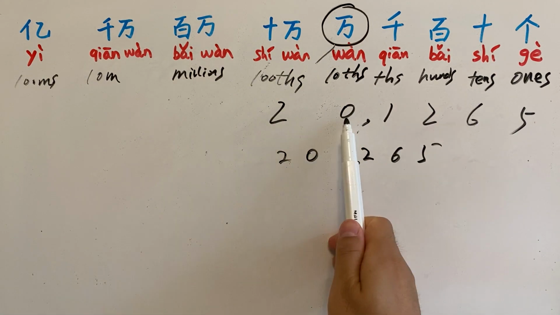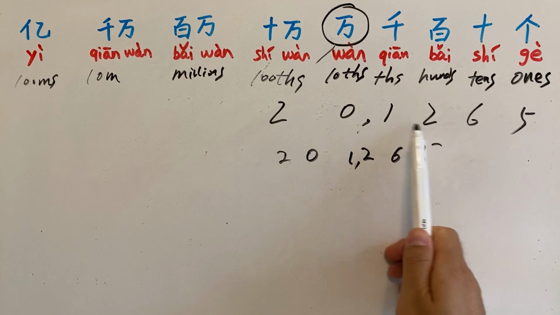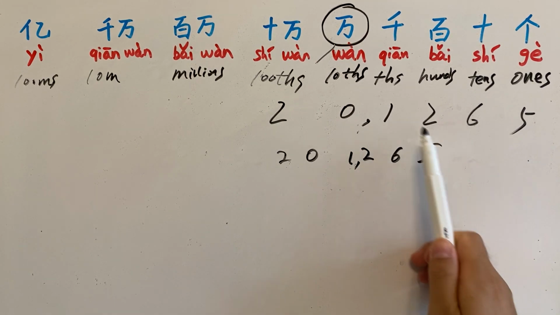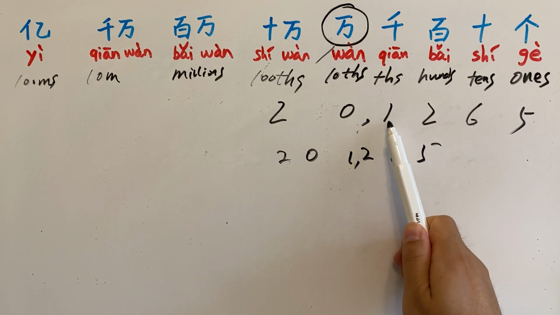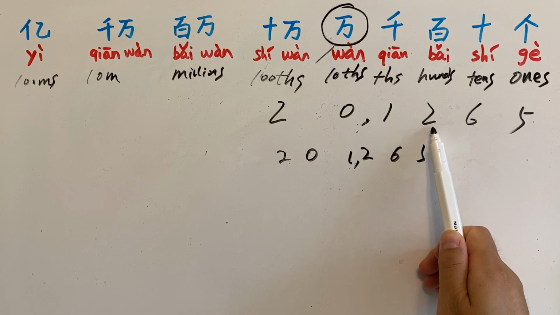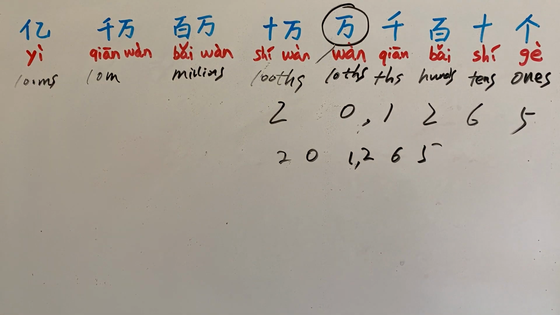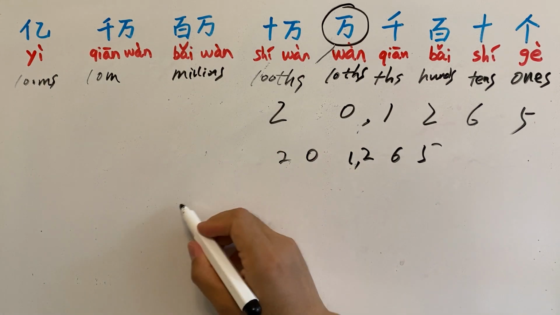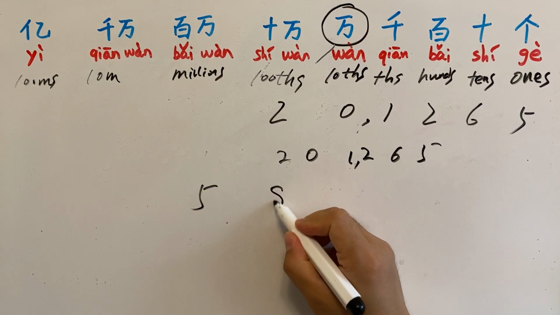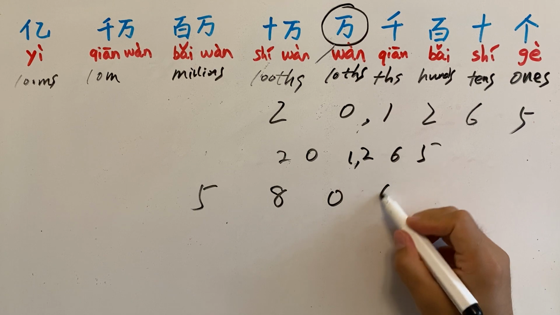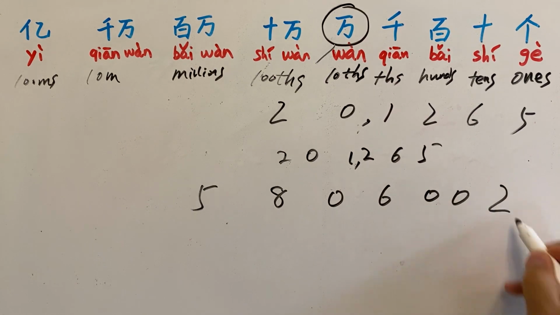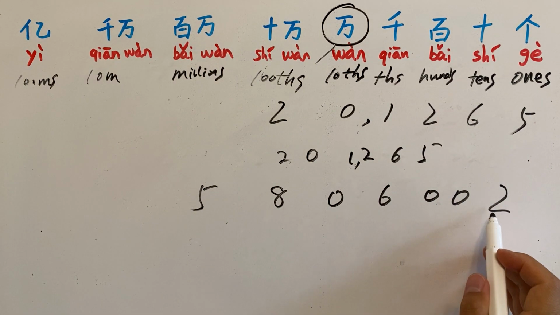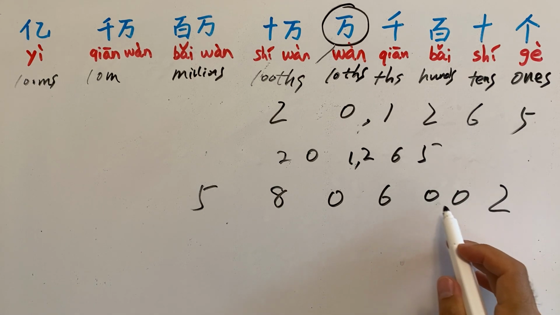But in Chinese, we have one more unit, 万. So this is 20万1265. For example, count 4 numbers, 1, 2, 3, 4.